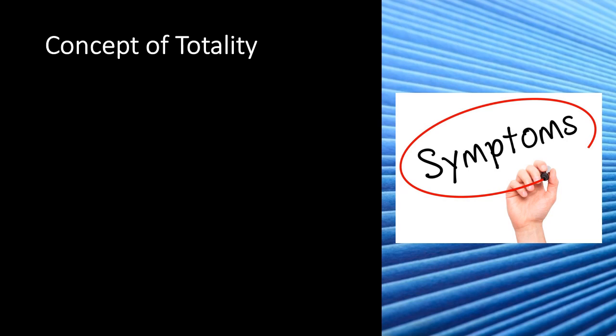This brings us to the concept of totality. In homeopathy, every single symptom is part of a composite whole, and our aim is to discover a single remedy which will cover the entire spectrum of symptoms.